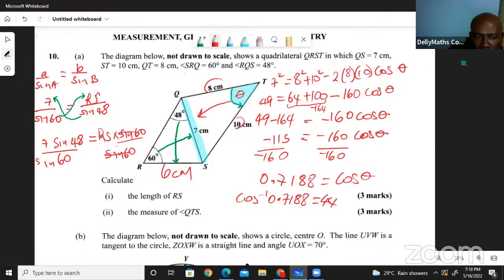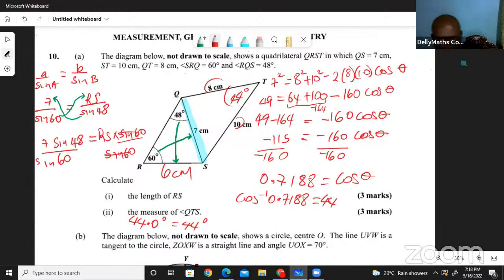It's 44.0, so I'll get 44.0 degrees, or you could just say 44 degrees. That's the answer right up there. I got 44 degrees up there.